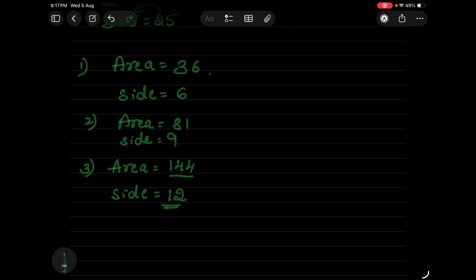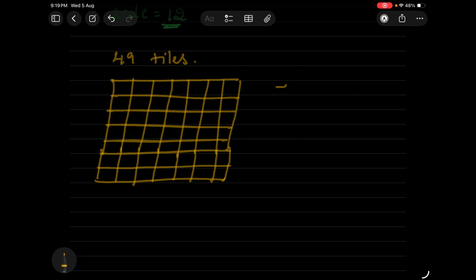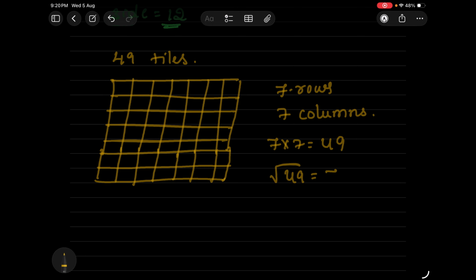We'll see it visually. Imagine you're arranging tiles. There are 49 tiles. Can you arrange them into a perfect square? Yes, exactly 7 rows and 7 columns. Since 7 cross 7 is equal to 49, the square root of 49 is 7.